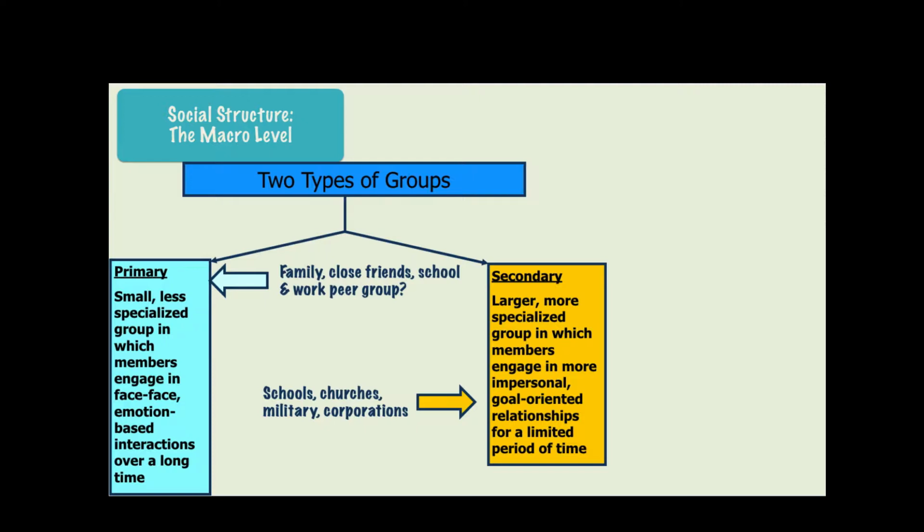Now, we're going to quickly go over formal organizations and look at what they are. Formal organizations are highly structured groups formed for the purpose of completing certain tasks or achieving specific goals. For many of us, spending a lot of our time in formal organizations such as universities, corporations, and government organizations is a part of life.